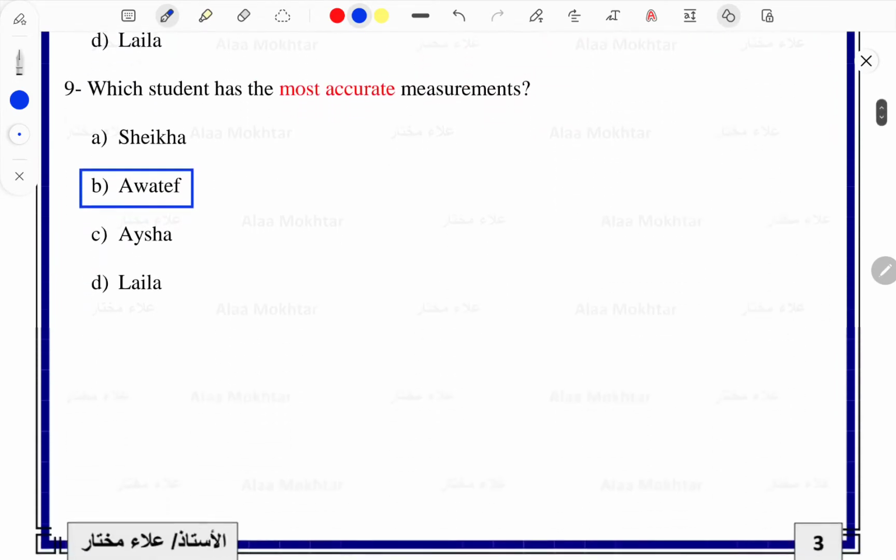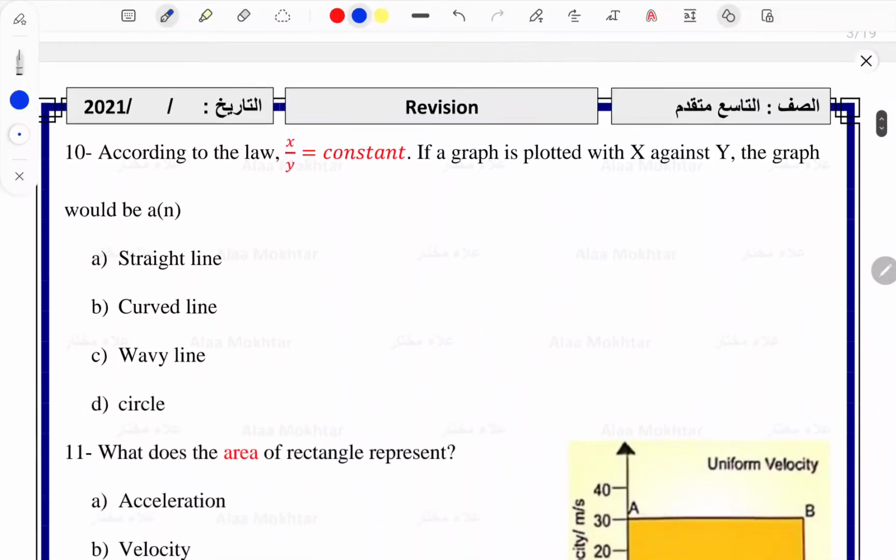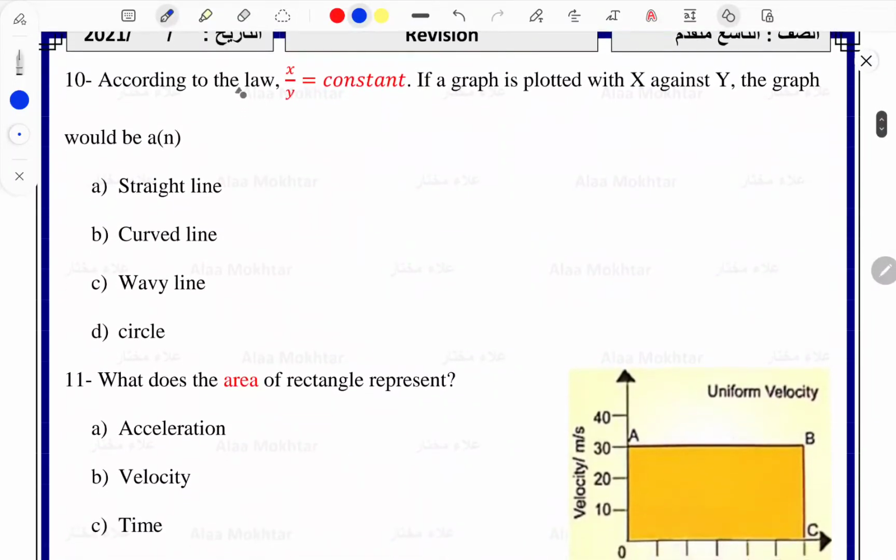The next question is, according to the law, x divided by y equals a constant. If a graph is plotted with x against y, would the graph be a straight line, a curved line, a wavy line, or a circle? Let's check.